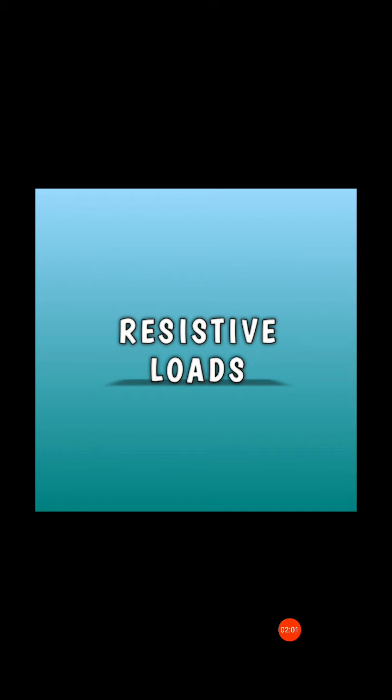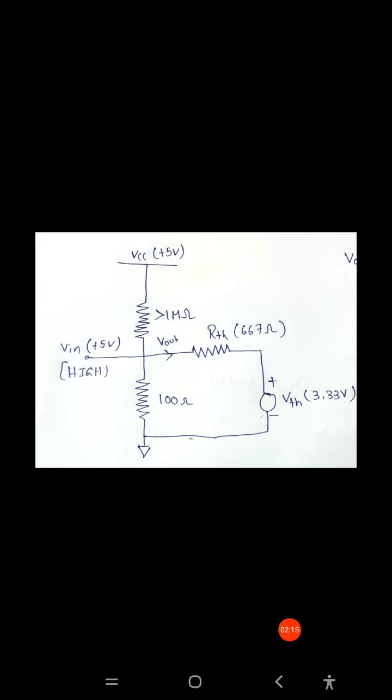If you see this figure, it is the resistance model for CMOS low output. We have applied logic high, that is plus 5 volts. Here is V out, and this is VTH, the Thevenin voltage, with Thevenin resistance.